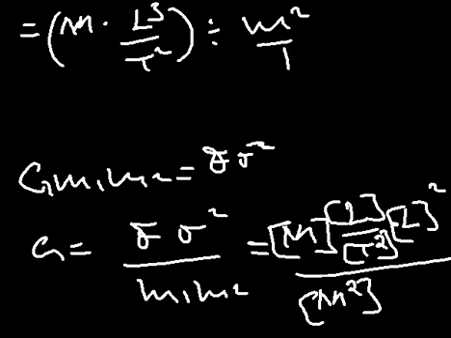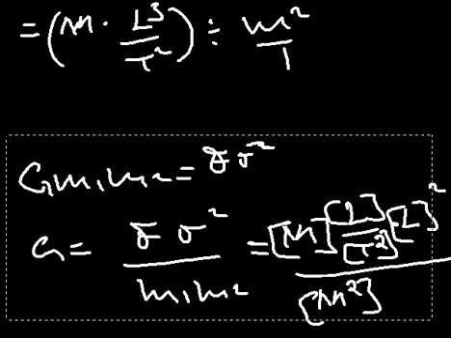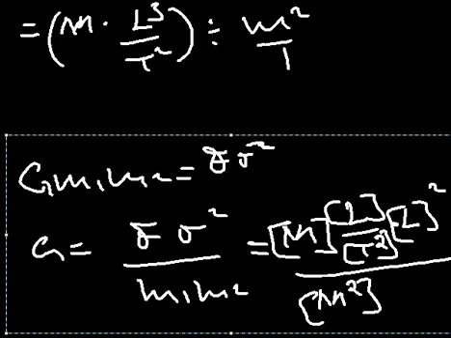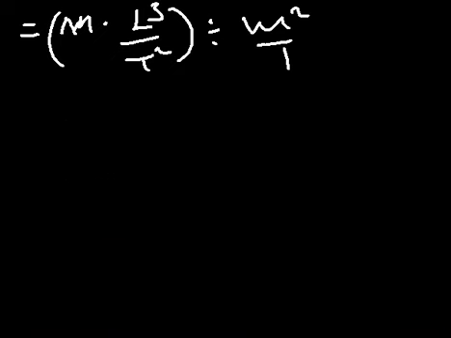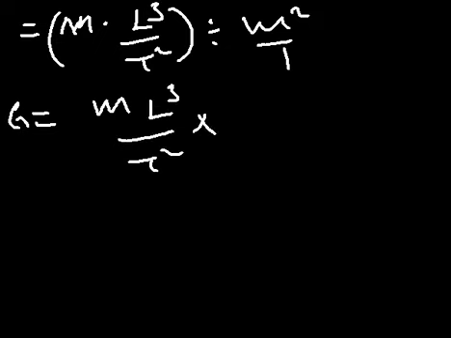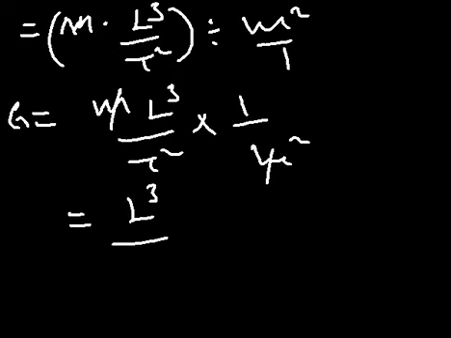So mind you, we are finding the dimensions for G. G will be given as M L cubed divided by T squared, times 1 over M squared. The M cancels, so we have L cubed divided by M T squared.